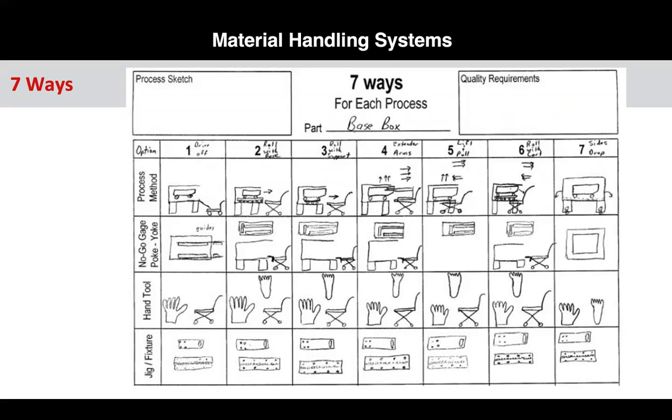They came up with the different ways of doing it, the process method. They looked at how they could build in a go/no-go gauge or poka-yoke, what kind of tools would be used, and what kind of jigs and fixtures they would need to make it happen. So this is just an example of seven ways.